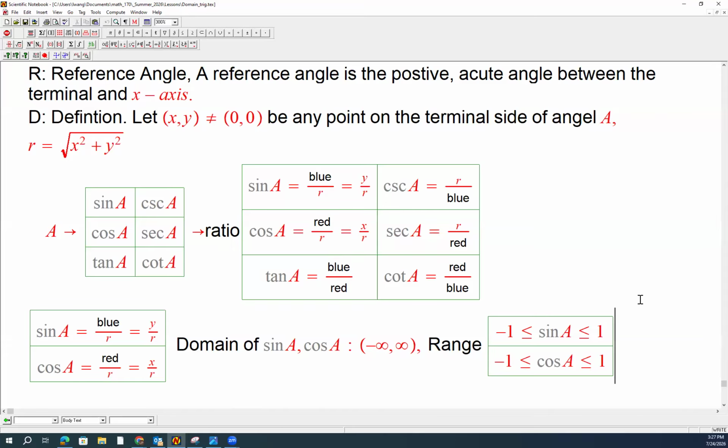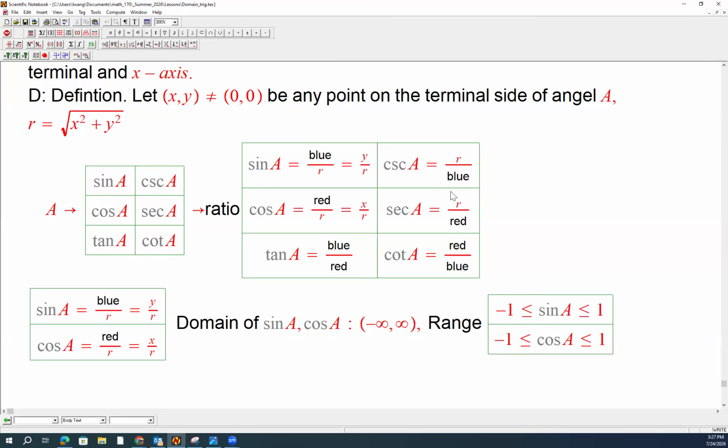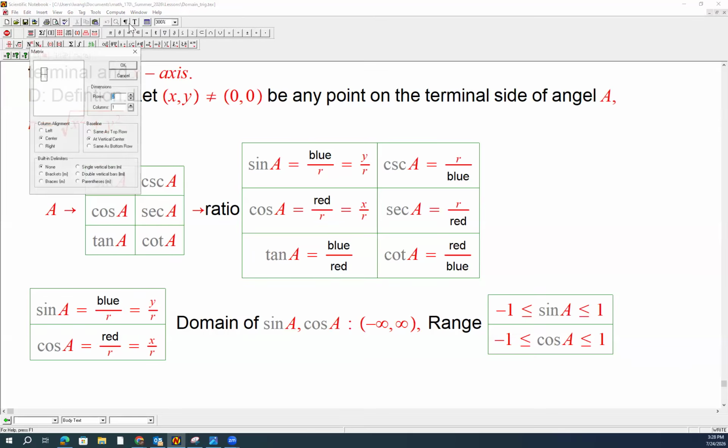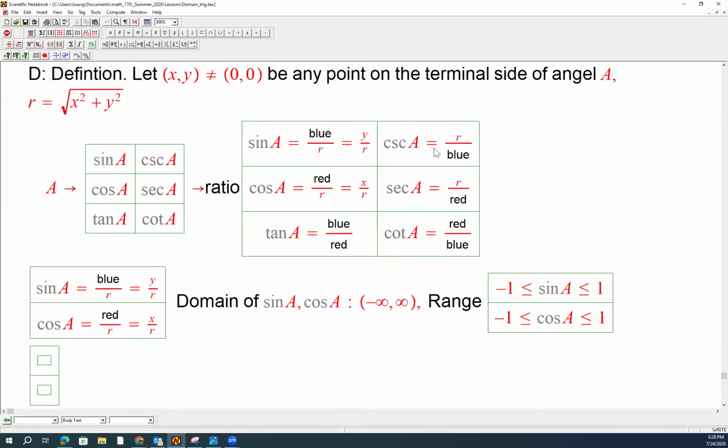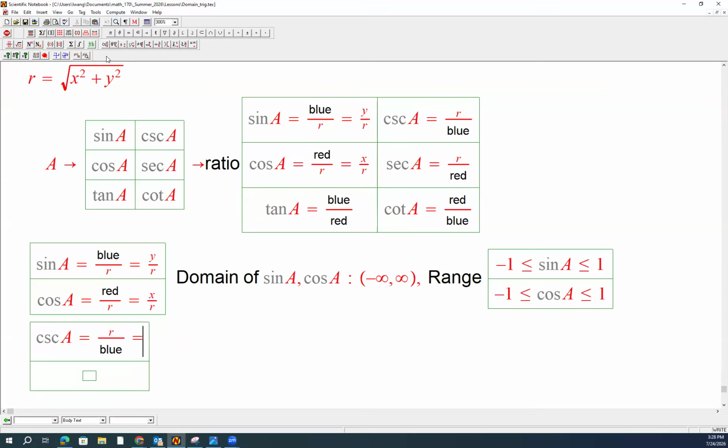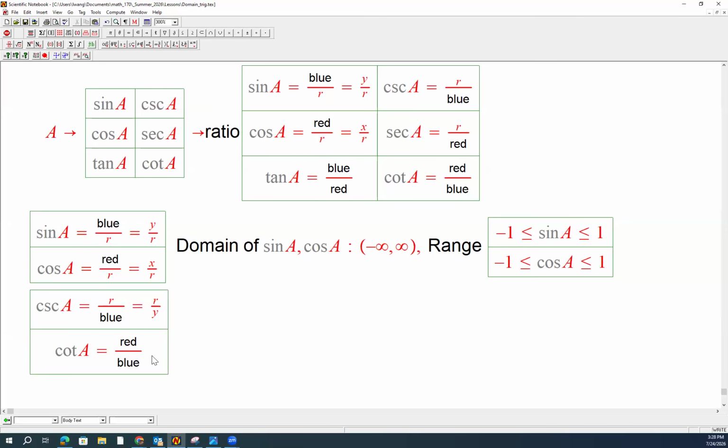The second group, we're just going to look at the denominator. So let me make a table here. Cosecant's denominator is the Y, so R over Y. And what else has the denominator Y? That's cotangent, X over Y. So these two functions will have the same domain.